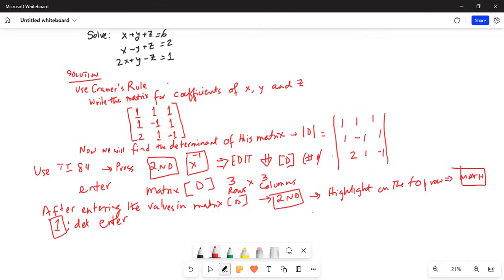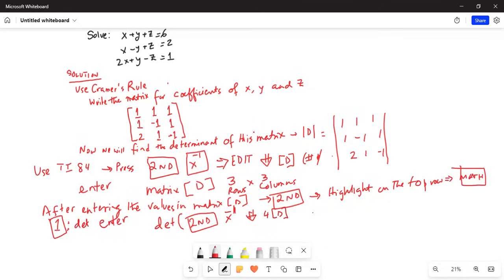Now on your calculator screen, you see determinant with a parenthesis. I want to find the determinant of matrix D. So I press the second button, then matrix, then scroll down with the down arrow key to number 4, which is matrix D, and hit enter.